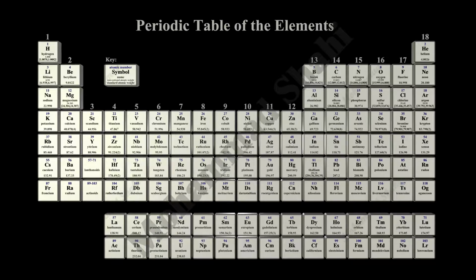At the beginning, we have the period 1 with two elements, hydrogen and helium, associated with the filling of the 1s subshell for the first time, where the 1s subshell belongs to the first shell.